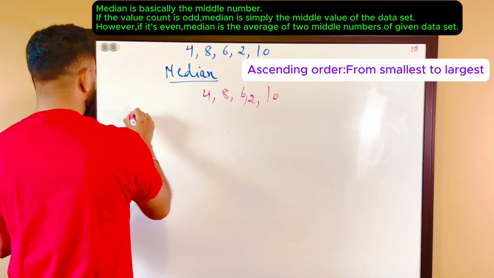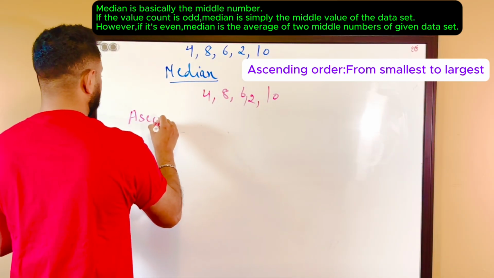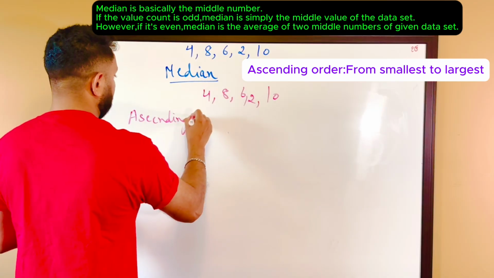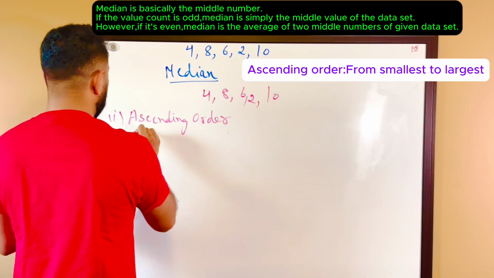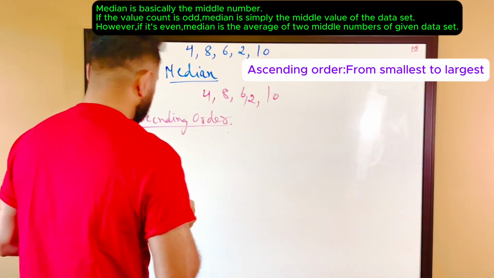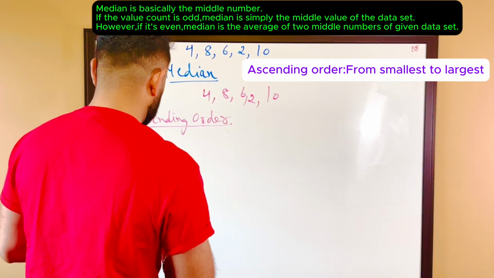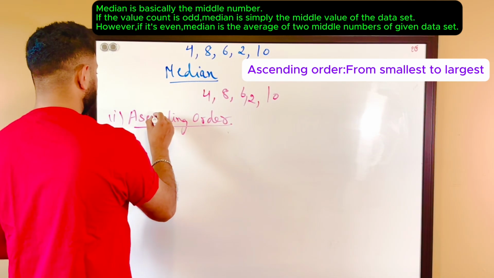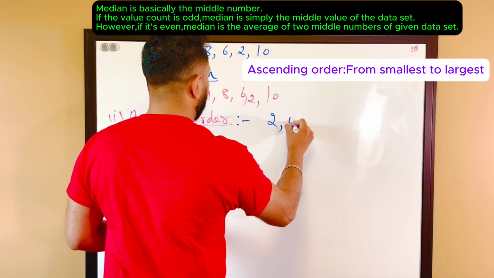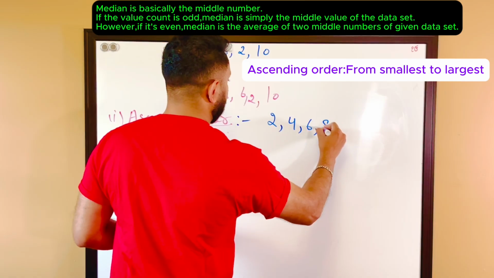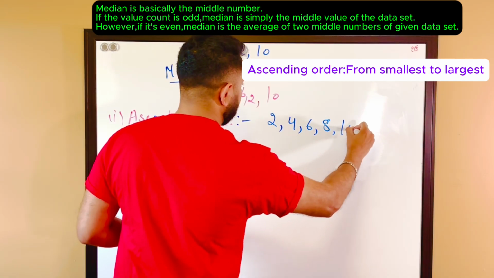And in ascending order, that will be our first step in order to find the median. So that means 2, 4, 6, 8 and 10.